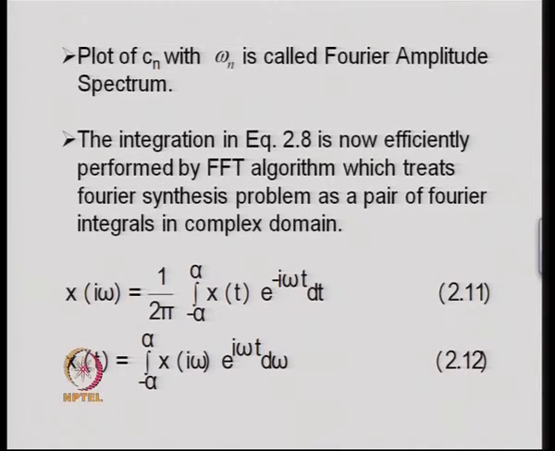For example, if x(t) is the time history of ground motion, say acceleration, then the first integration would provide the frequency content of the ground motion x(t), whereas the second integration would give back the ground motion, or the time history of the ground acceleration, from the frequency content of the ground motion that is obtained in equation 2.11.